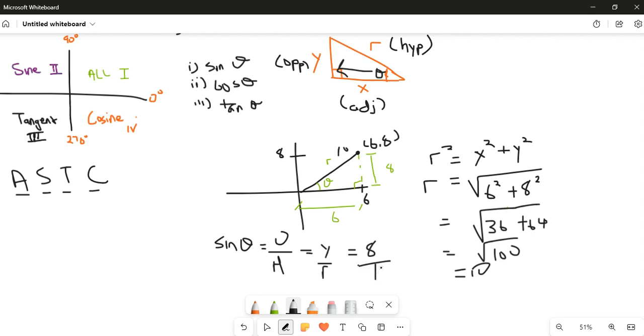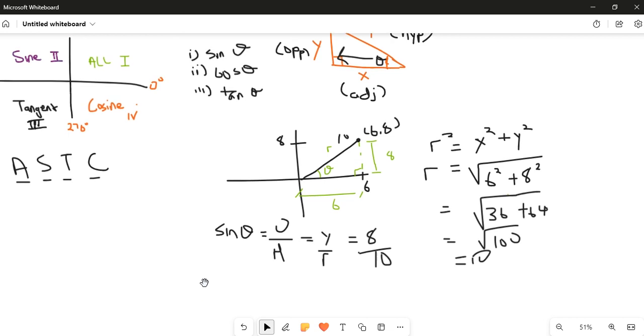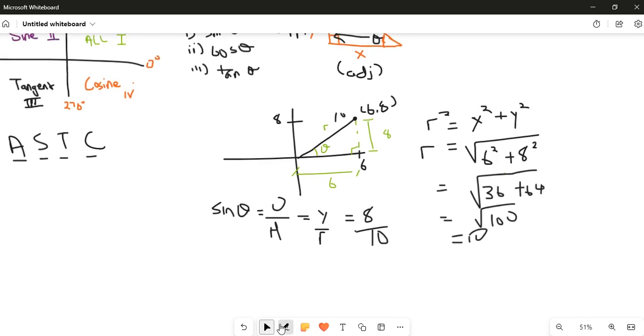So sine theta is 8 over 10. You can leave it as a fraction if you want, or get a decimal and use sine inverse to get the value of theta. But for this example, I'll just leave it as a fraction. We can simplify this fraction: 8 divided by 2 is 4, 10 divided by 2 is 5. So sine theta equals 4 over 5.